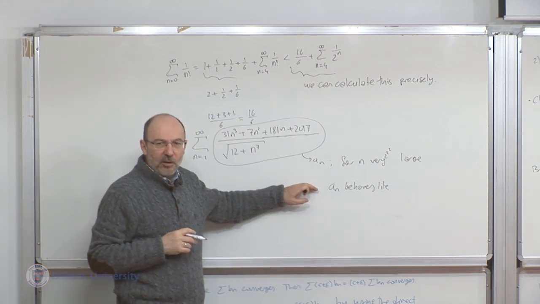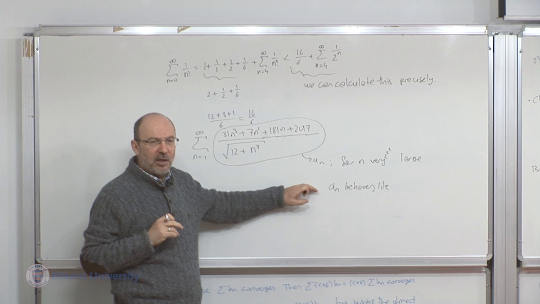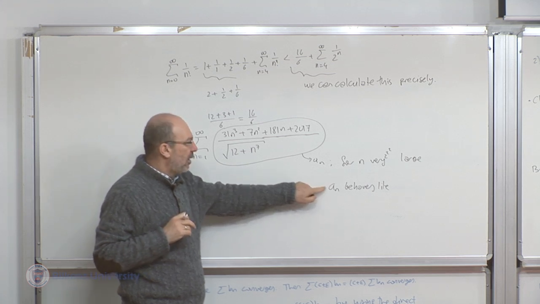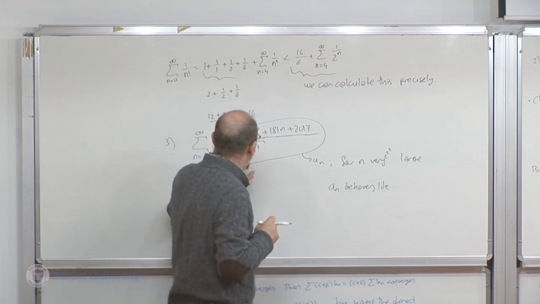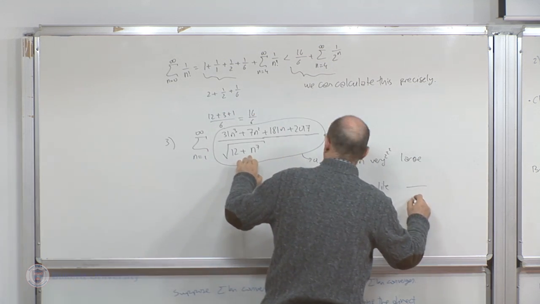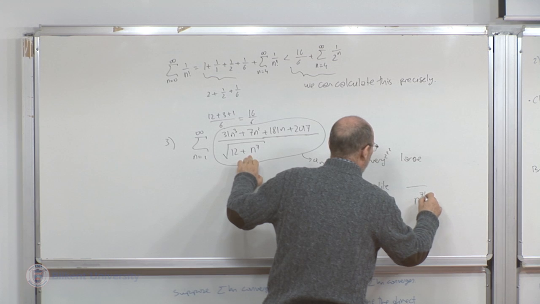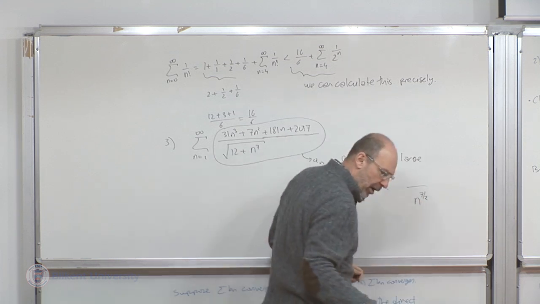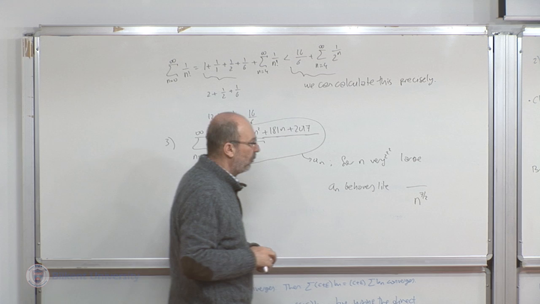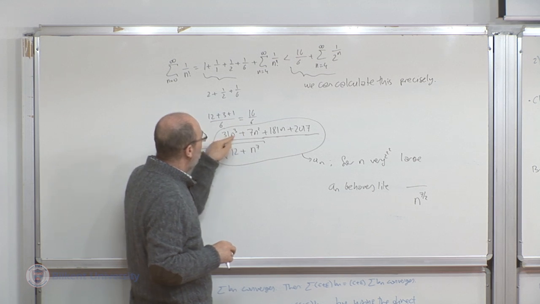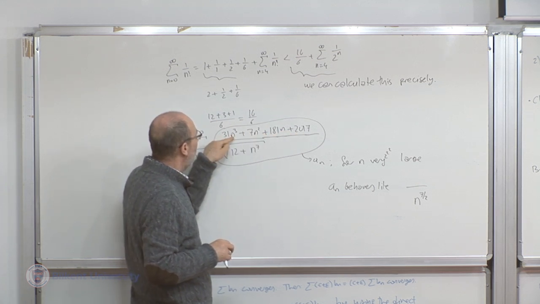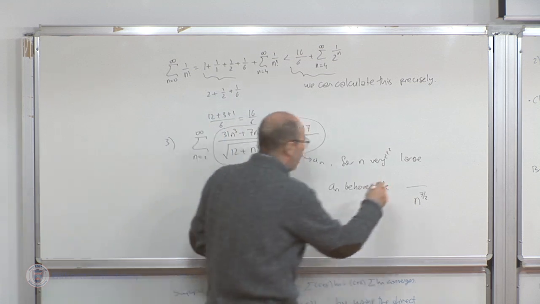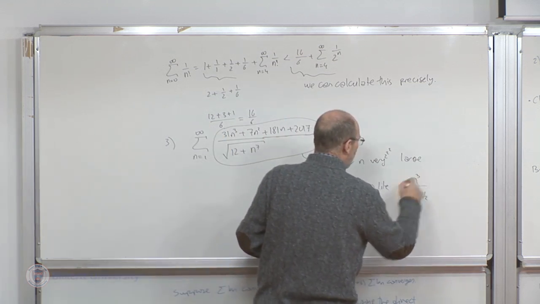We are trying. Remember, I said that you have to make a guess at the beginning. So we are trying to make a guess now. An behaves like, so this one is n to the power 7 over 2. Okay? So for our purposes, it is 3.5. So when n is very large, this part is behaving like n cubed.